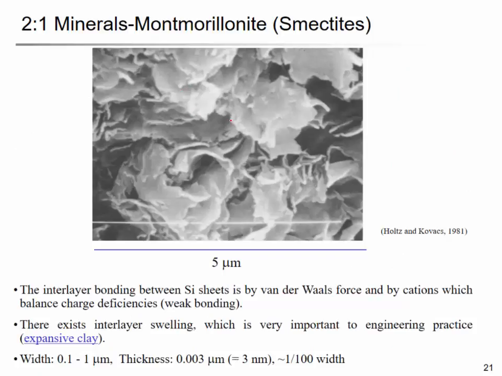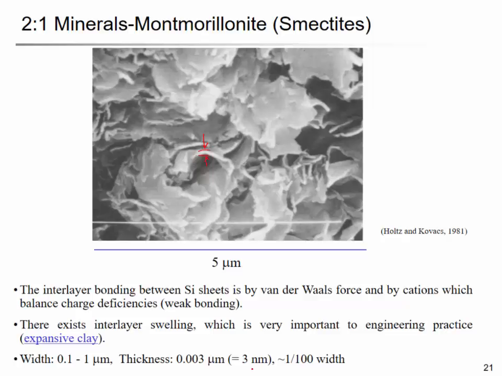When you look at the SEM pictures, scanning electron microscope pictures, you see that it is much smaller than kaolinite. And how much would that be, this thickness? Tens of nanometers, maybe.